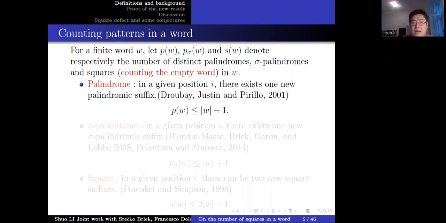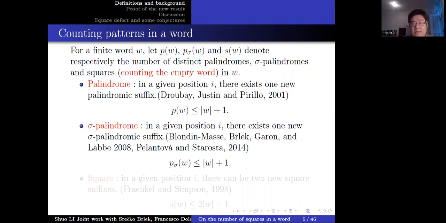So the empty word is considered as a palindrome, a sigma palindrome, as well as a square. Then P(W) and P_sigma(W) are both upper bounded by the length of W plus 1. Here the plus 1 refers exactly to the empty word.